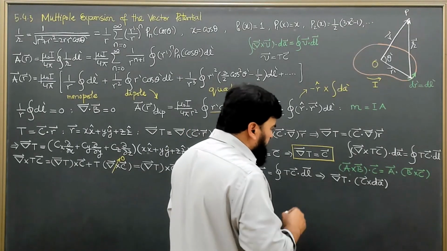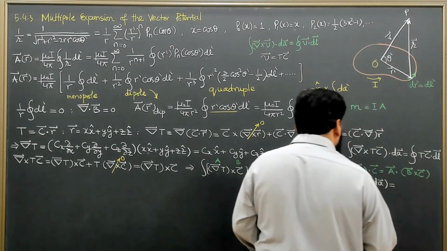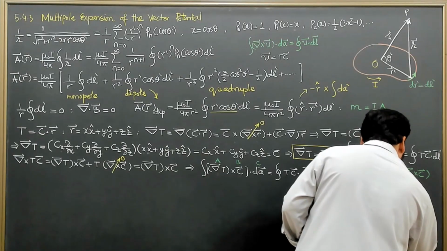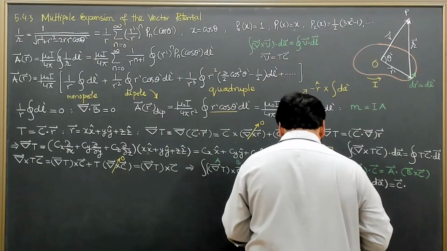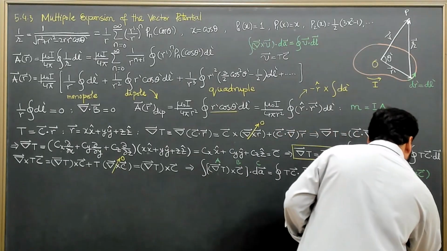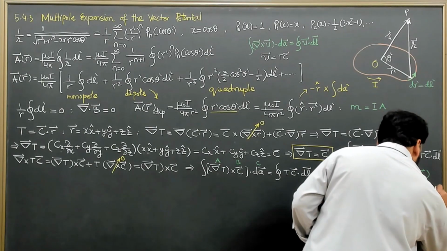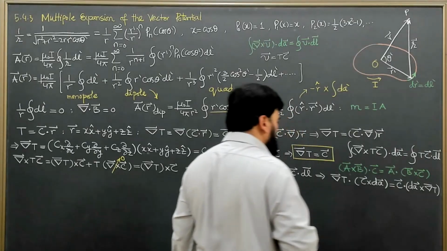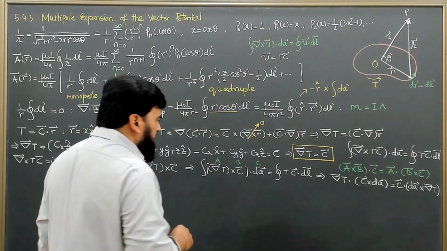And further, if I want to write C earlier, then it will be dA cross del T. Both of these are the same. This conversion means the order has to be the same.